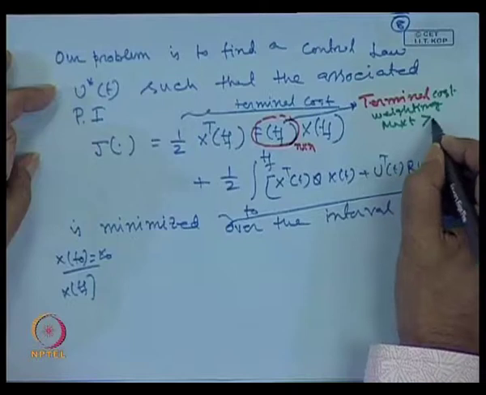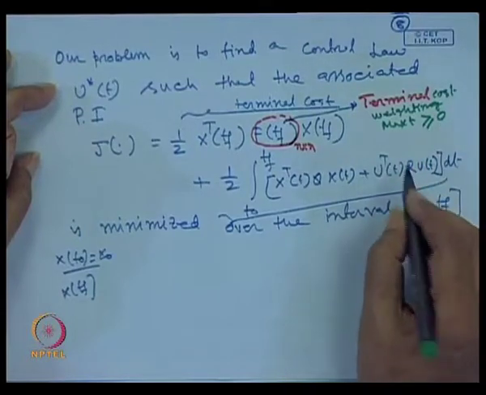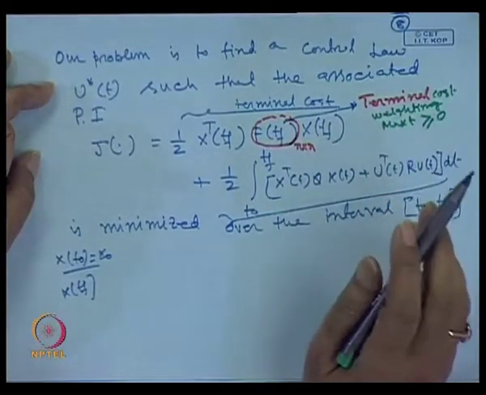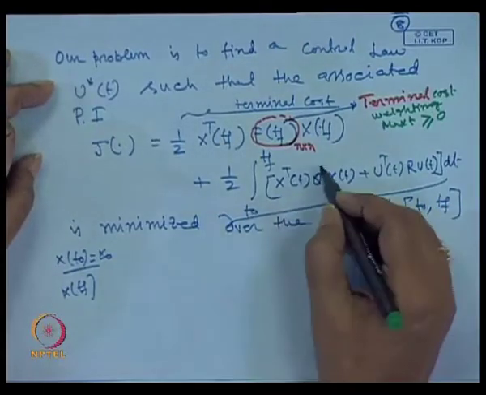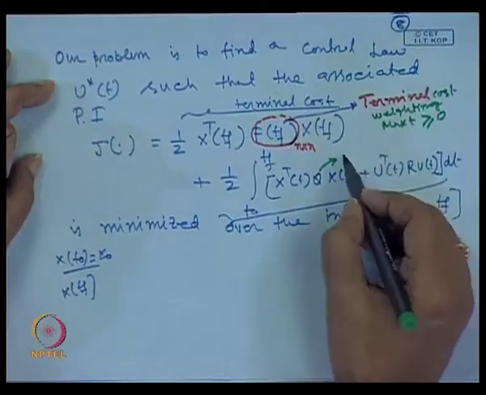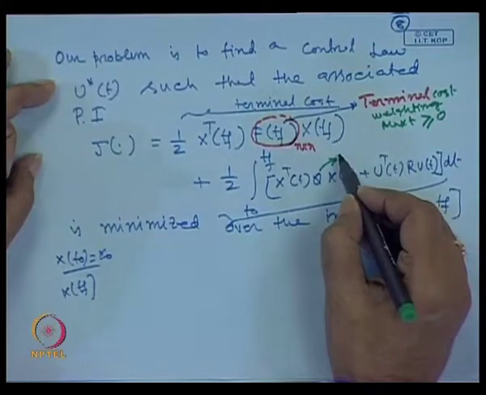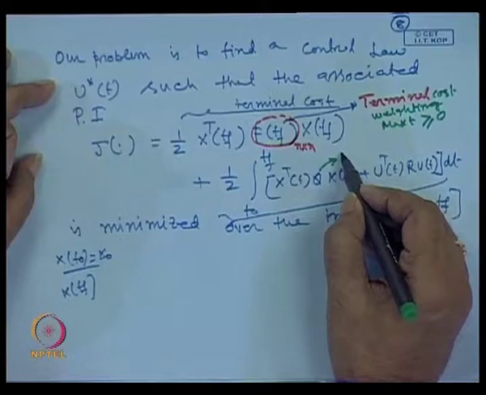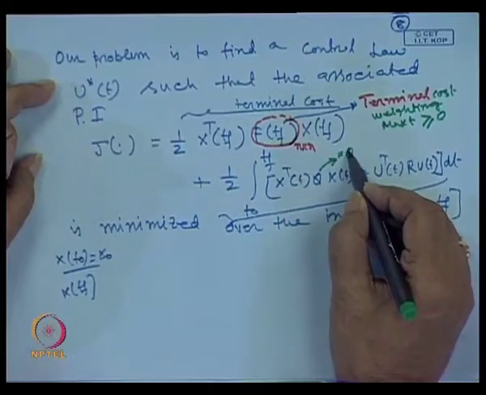It is a positive semi definite matrix, F is positive semi definite, and it is symmetric. Q is also symmetric positive semi definite, that is Q = Q transpose.